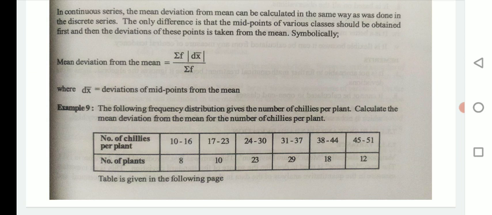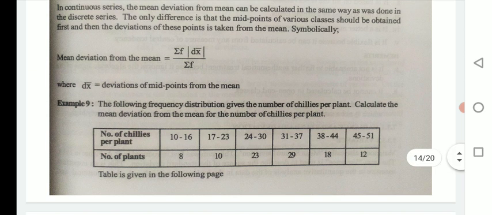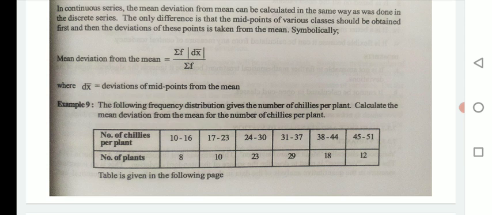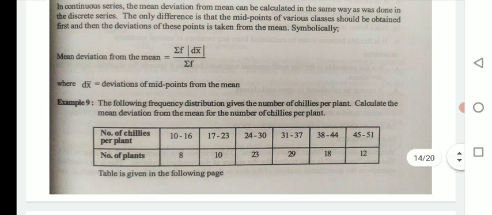Here you can see that groups are made and respective frequencies are given for each group, that is for the 10 to 16 group the frequency is 8, then for the 17 to 23 group the frequency is 10, similarly up to the last group, 45 to 51, the frequency is 12.